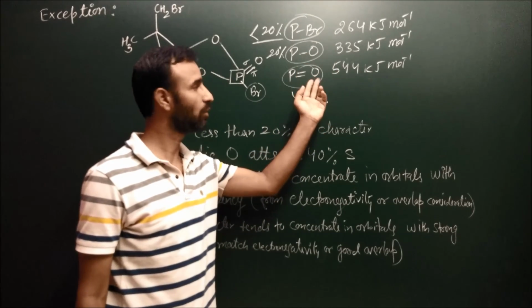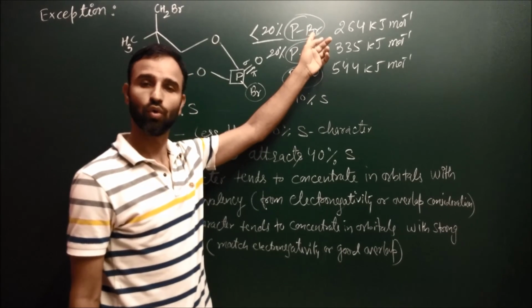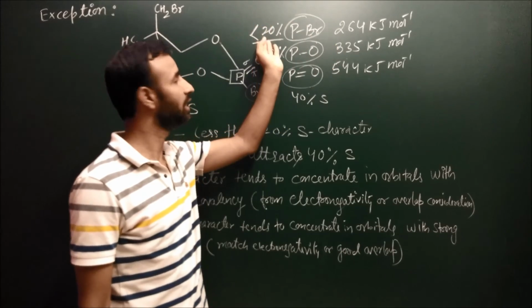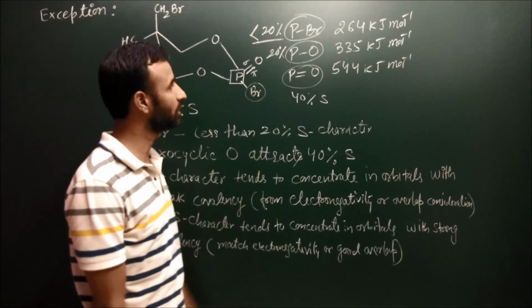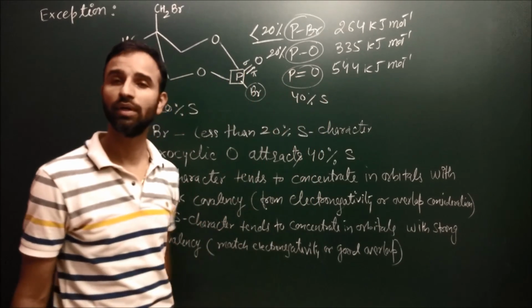One has maximum overlap and one has minimum overlap. So as it has minimum overlap, it has the least percentage of S character, and with maximum overlap, it has maximum S character.